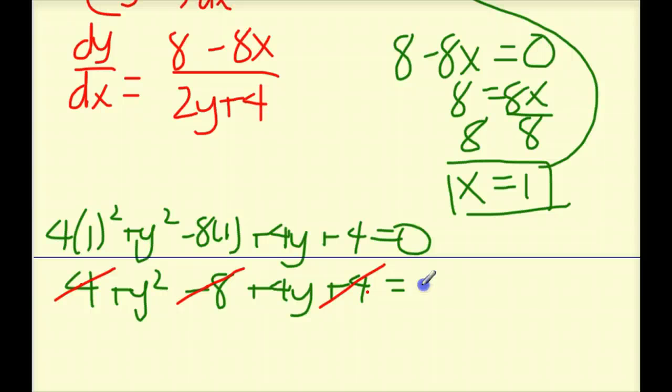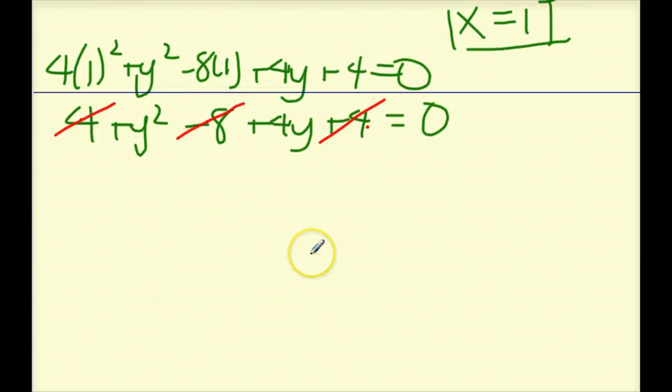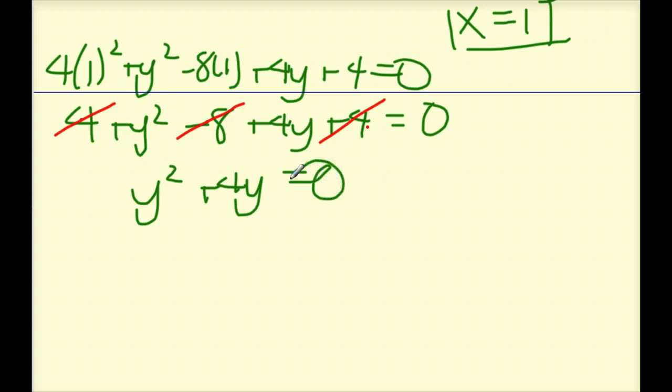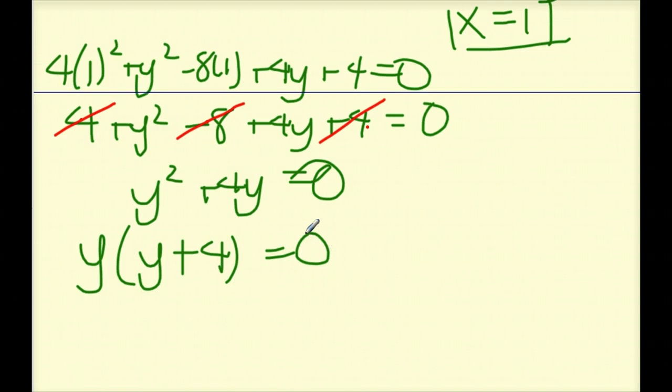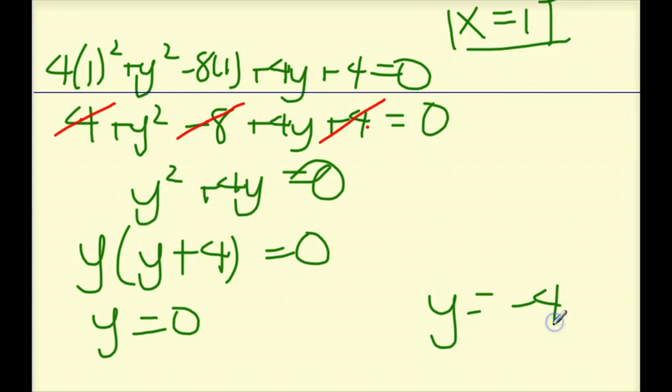Let me add this 0 right here. Now let's solve this. I end up getting y squared plus 4y is equal to 0. The only way to solve this is if I factor, so I get y times (y plus 4) is equal to 0. So my two y values are y equals 0 and y equals negative 4.